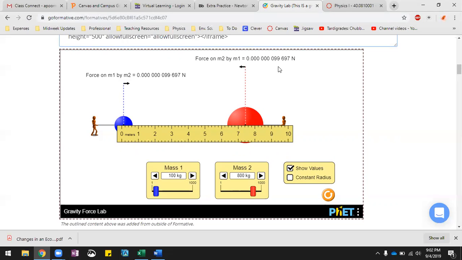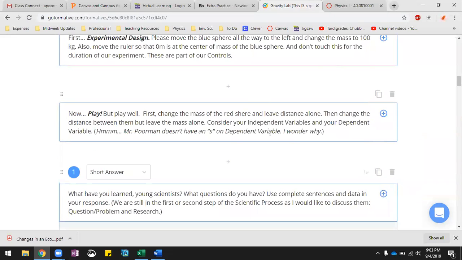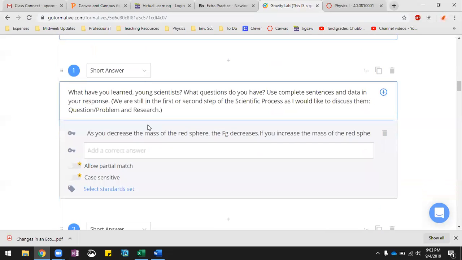So it's a really small force being acted on this mass. Thank goodness for significant figures and scientific notation. All right, so that's what's changing.